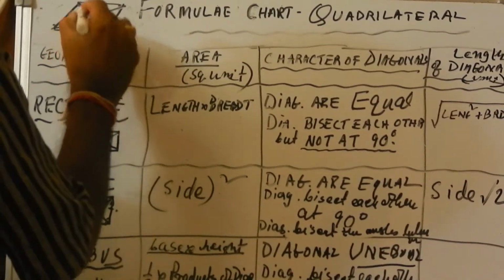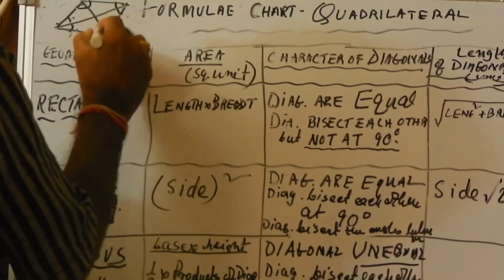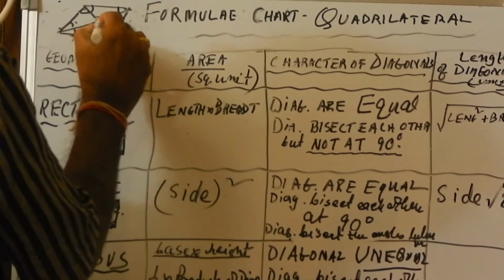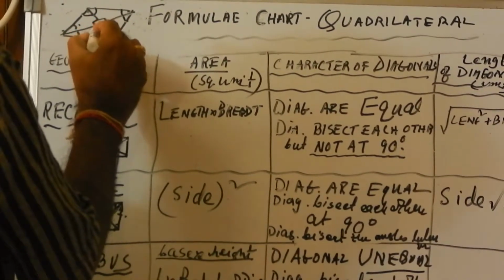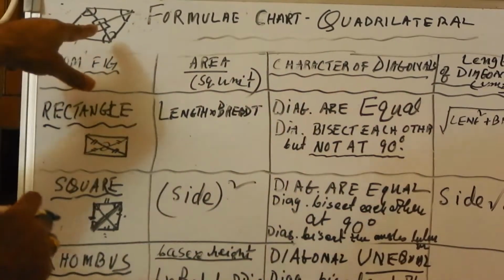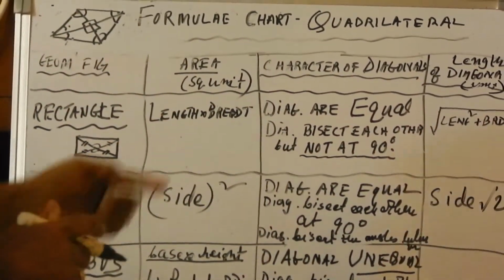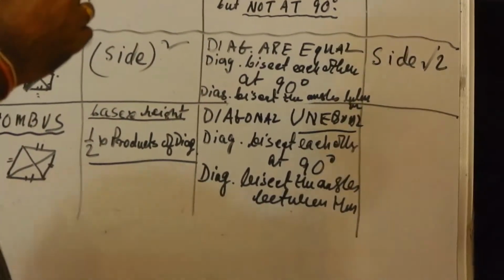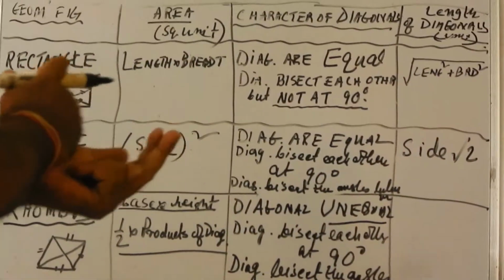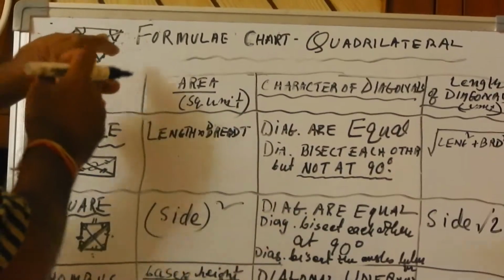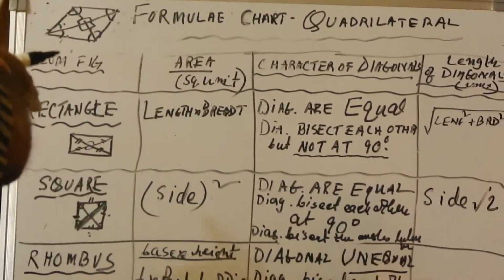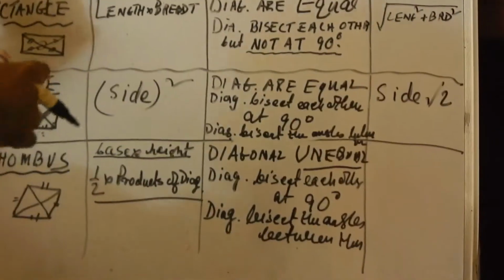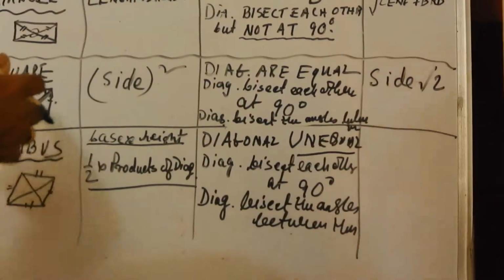They are equal, and they bisect each other at 90 degrees also. So the diagonals of a square and a rhombus bisect each other at 90 degrees and they bisect the angles they are coming from and going to. That is the similarity between square and rhombus.